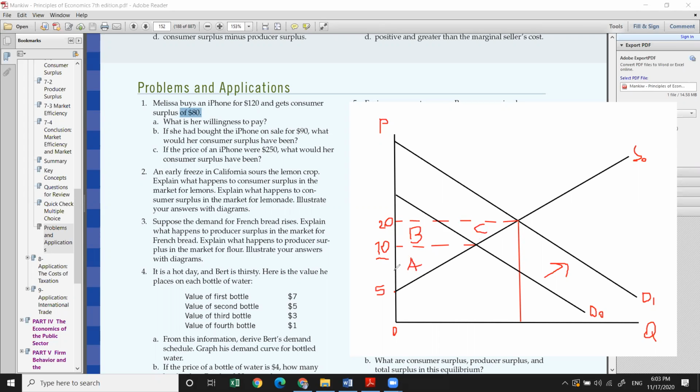Initially, your producer surplus was A, and it increases to not 2, it increases to ABC, but initially it was 5. Your producer surplus initially was 5. And it increases by how much more? By 10. Yes, very good, because it increases by 10. And in total, ABC will be equal to 15.